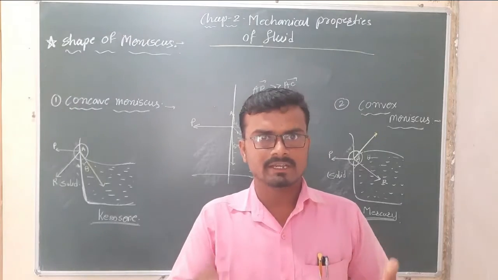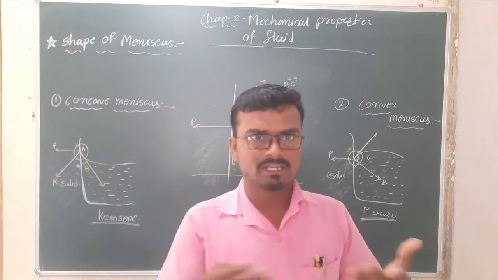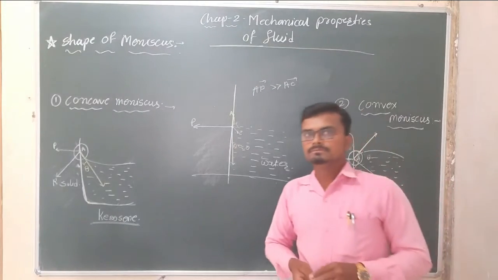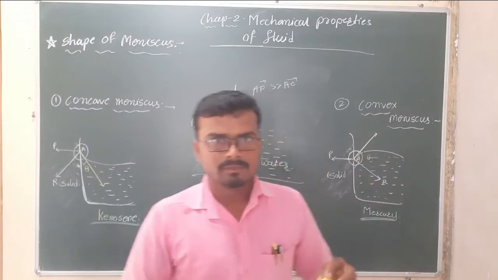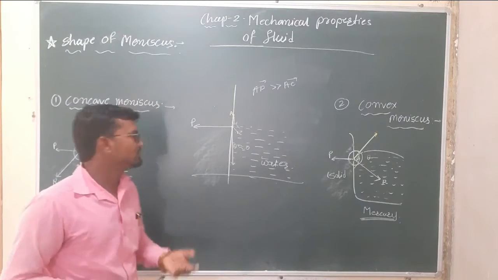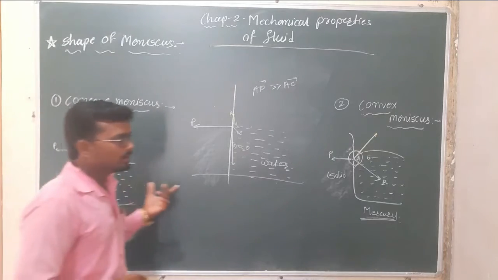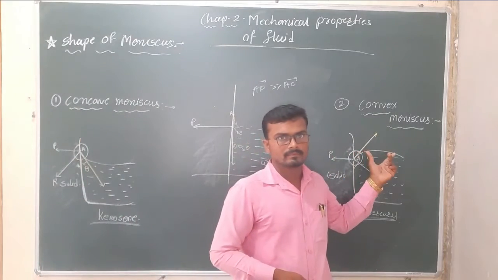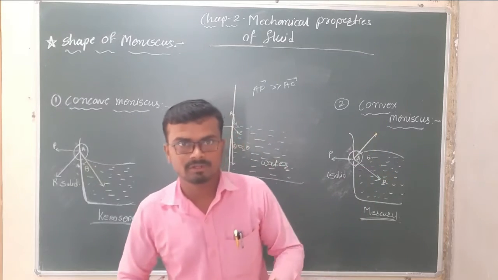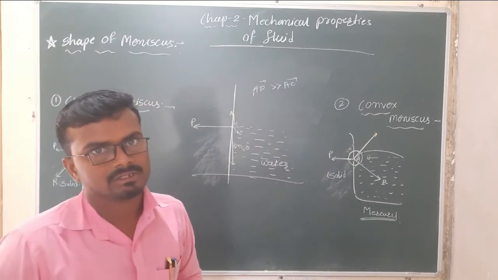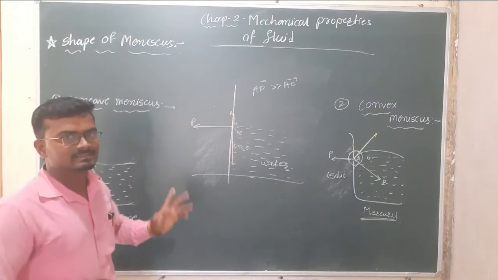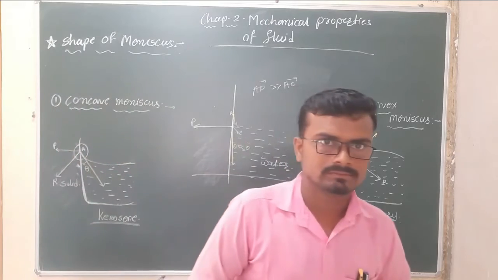Why the liquid gets a concave shape, why it gets a convex shape, why it gets a plane shape: why the meniscus of a liquid which completely wets the solid is a plane, why the meniscus of a liquid which partially wets the solid is concave, why the liquid meniscus is convex in the case of a liquid which does not wet the solid. The reason for all three questions is discussed in this whole video.